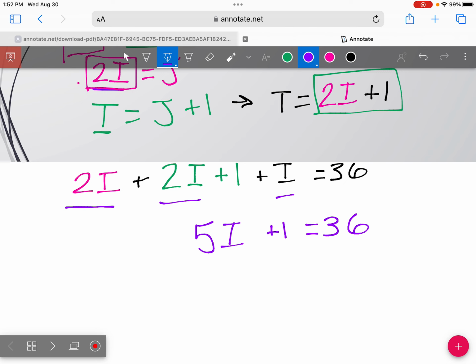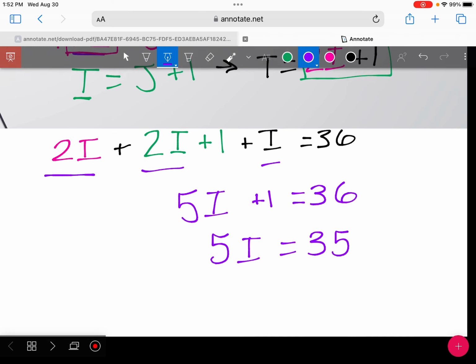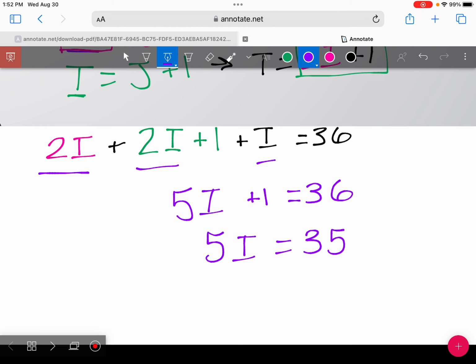What can I do? Not add 1. Subtract 1. 5I equals 35. How do I get I by itself? Divide by 5. And we get I equals 7.